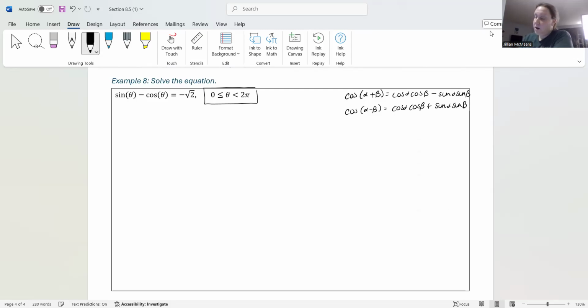Okay, and then on to sine, if we have sine of alpha plus beta, that equals sine alpha cosine beta plus cosine alpha sine beta. And then if we have sine of alpha minus beta, we get sine alpha cosine beta minus cosine alpha sine beta. Okay, so those are our four formulas.